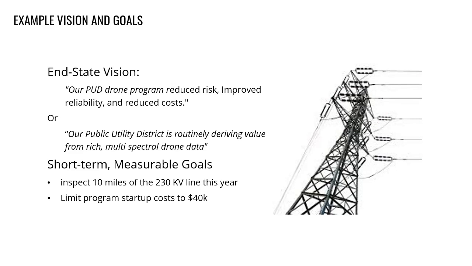One of the first things is to get your vision and goals established so everybody is talking about the same thing. Basically, look at it as an end state vision, or short-term, and establish measurable goals, such as inspect 10 miles of 230 kV line this year, or limit program startup to 40 or 50,000. But measurable goals are critical to your success.